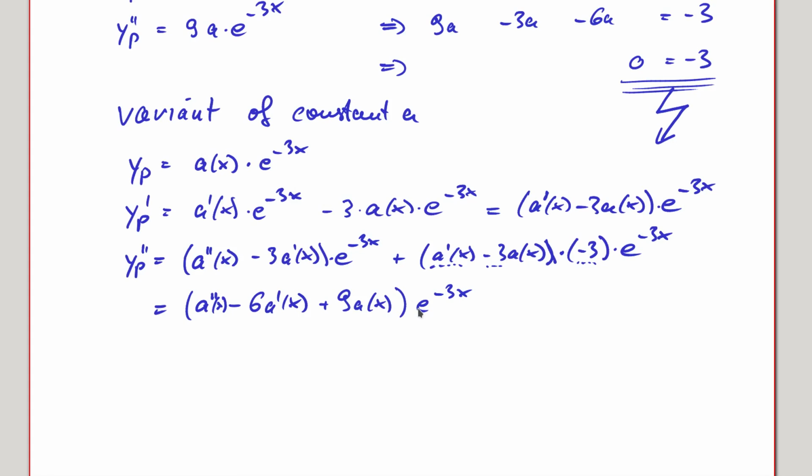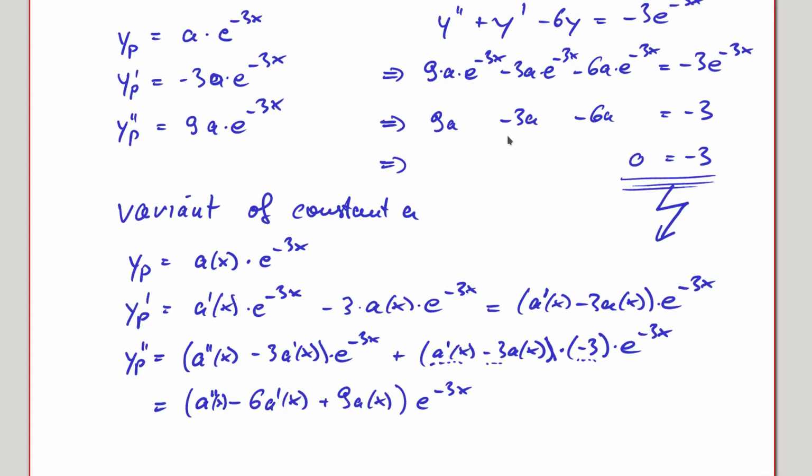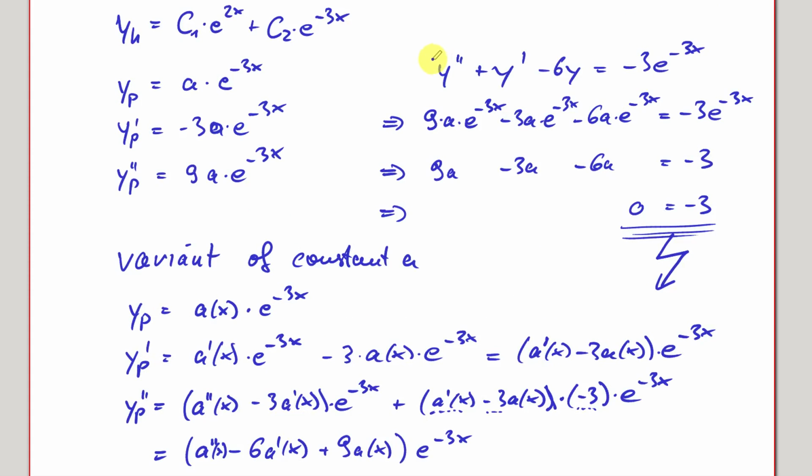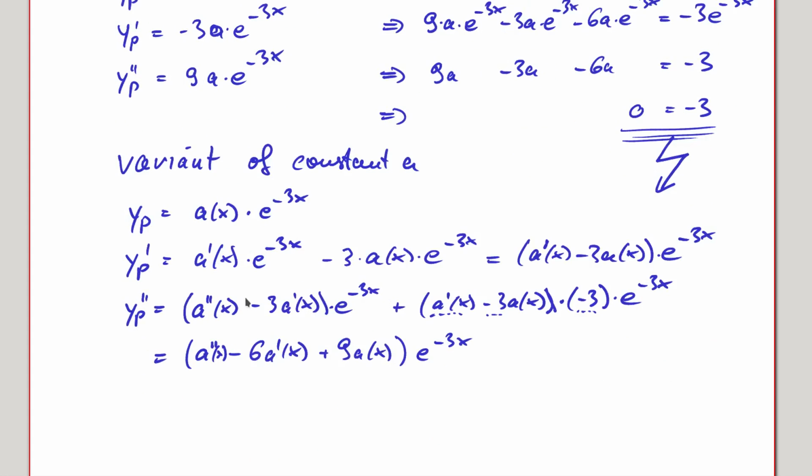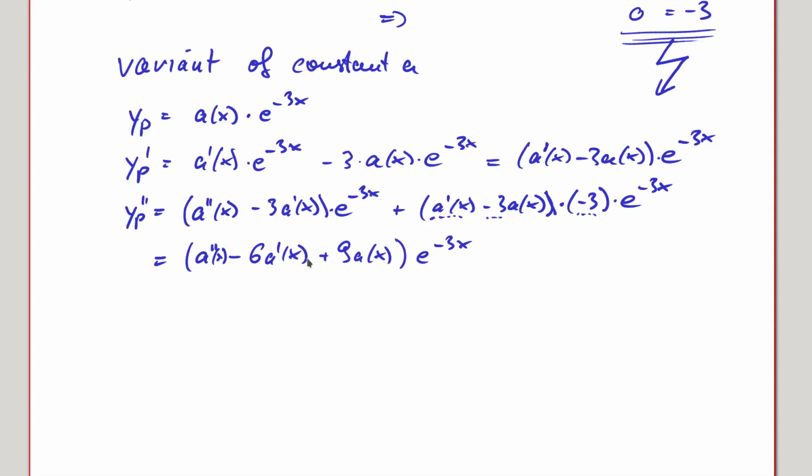Now we have to plug this into our differential equation again. So we have to go to this equation and find out what happens to it when we apply our next attempt to find a particular solution. So we have y double prime plus y prime minus 6y.